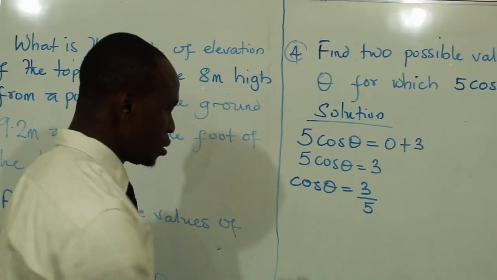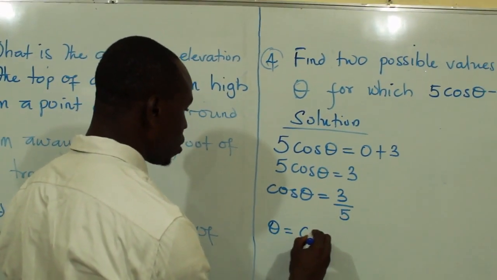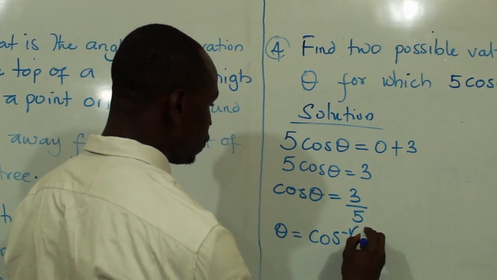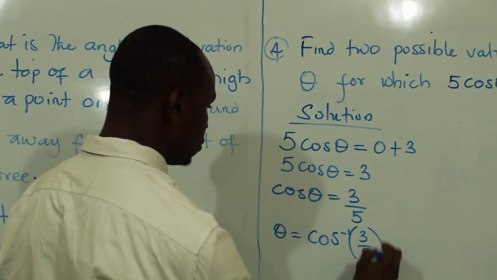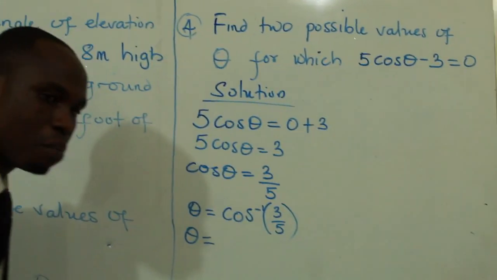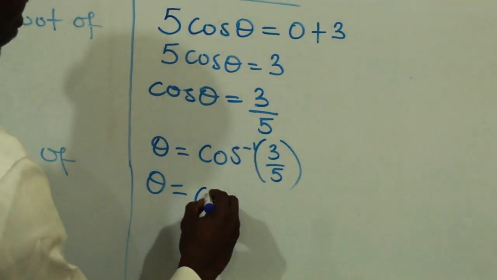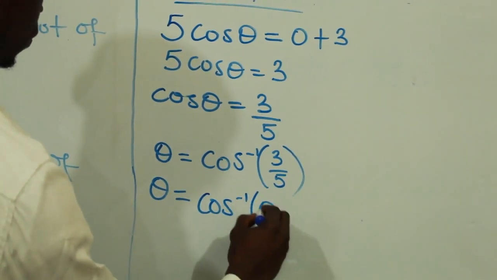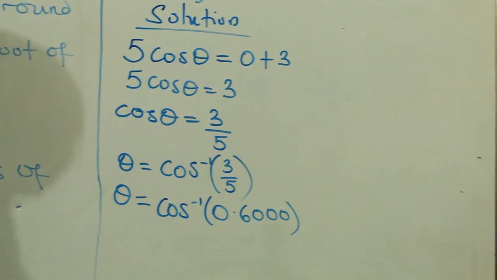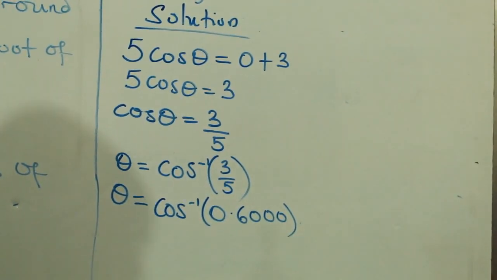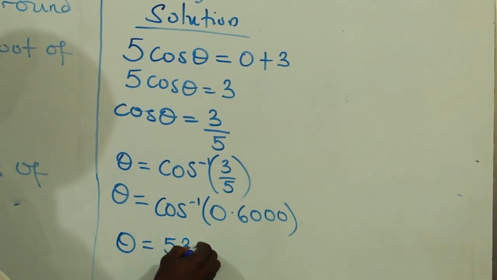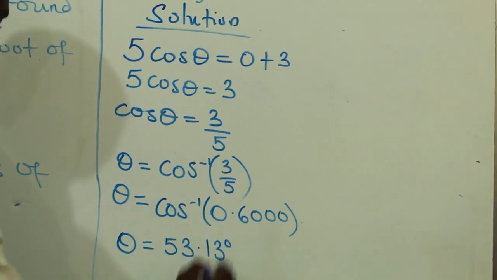And in order to get theta, I have to find the cos inverse of 3 over 5. If you check the cos inverse from a 4-figure table, having converted it to 0.6000 to conform to the 4-figure table format, you will get theta as 53.13.